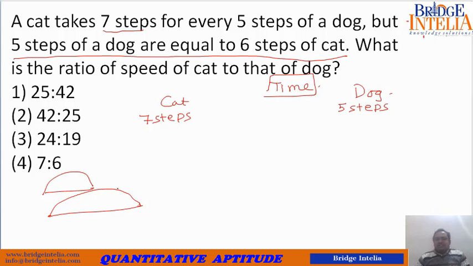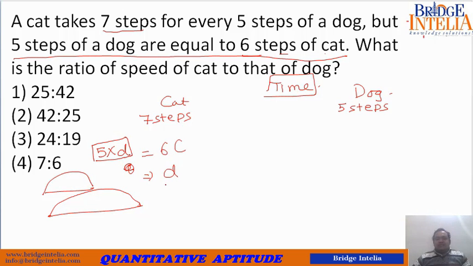So let in one step the dog is covering distance D and the cat is covering distance C. So 5 steps of dog means 5D, and this distance is said to be equal to 6 steps of cat.